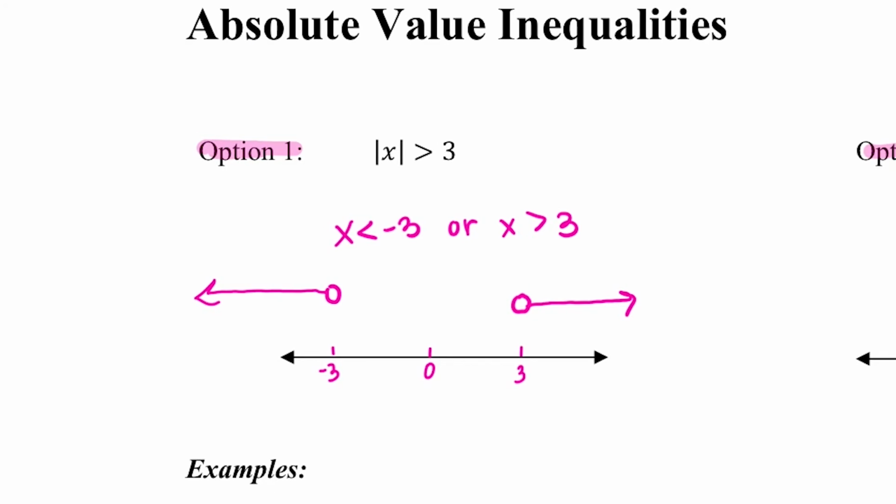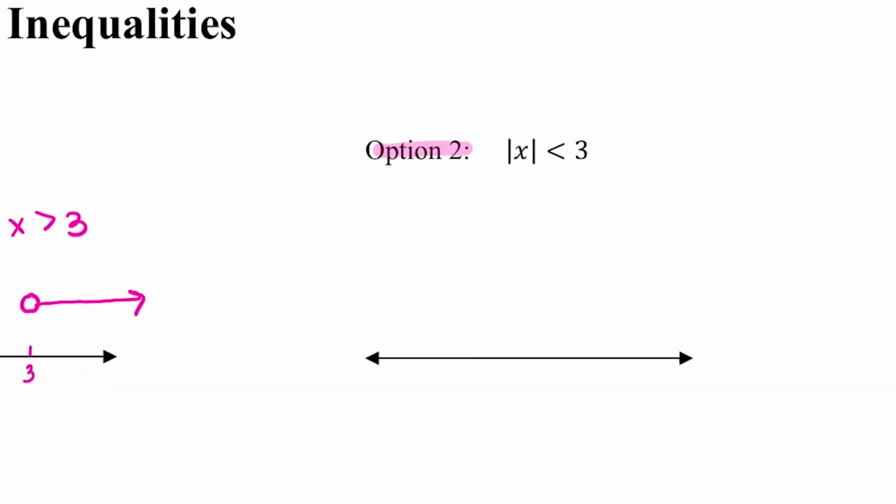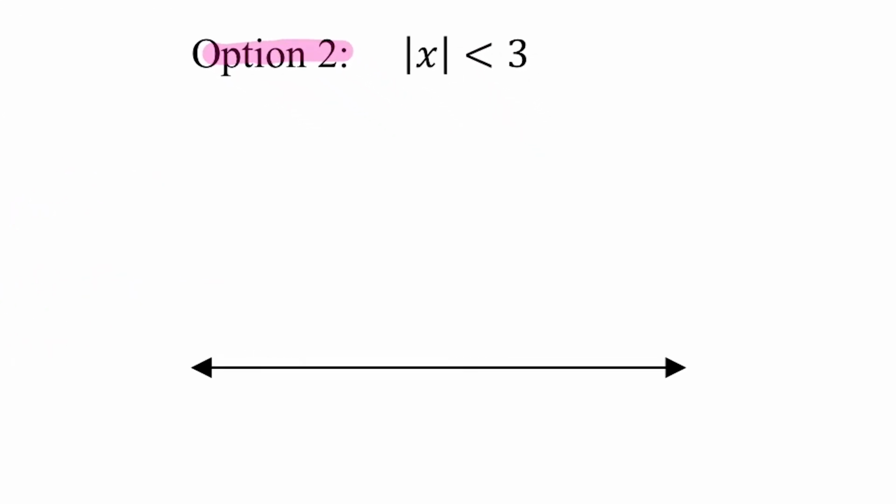If we come over to the second option, this is when we're dealing with a less than. So again, I'm going to set up 0 in the middle, and we have 3 and negative 3. This one is saying that my distance from 0 is less than 3.